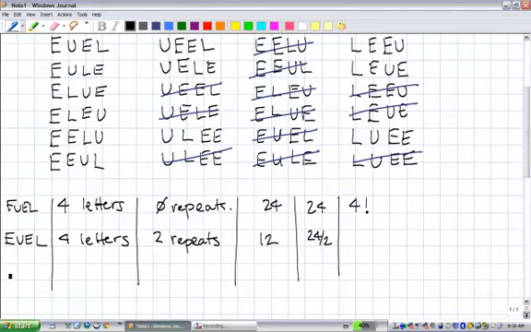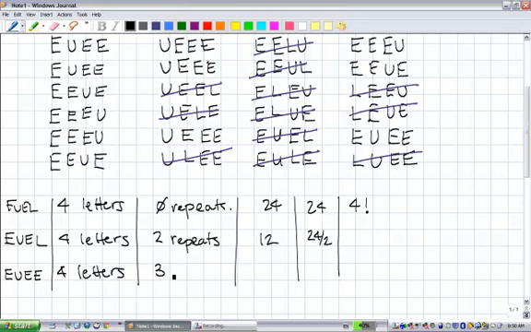What about when we change the L's to E's? So now we're increasing the number of repeated letters. We only need to do it to the ones that we haven't crossed off yet. Still starting with 4 letters, 3 of them are the same now. Let's cancel off the ones that look like repeats. EUEE.